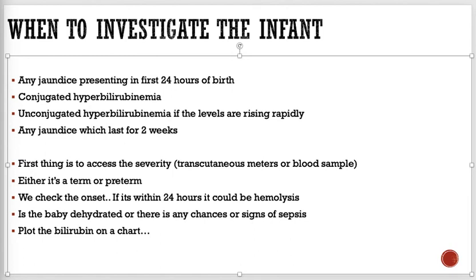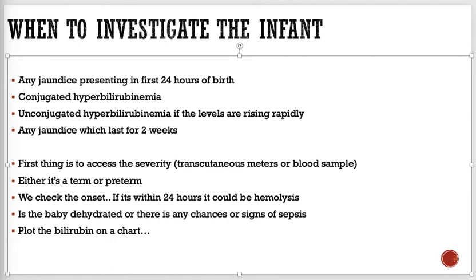Most of the antibodies which ABO blood group will produce are IgM, and they do not cross the placenta. But some of the women who are blood group O produce IgG antibodies, which can cross the placenta.